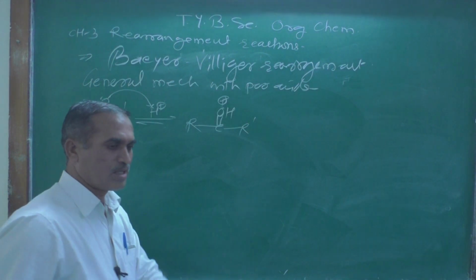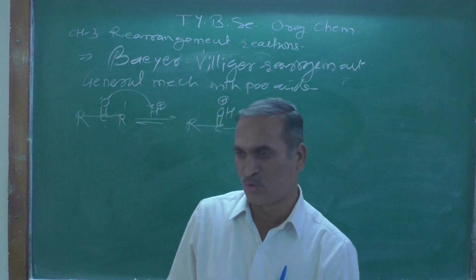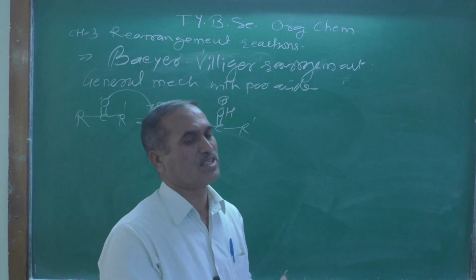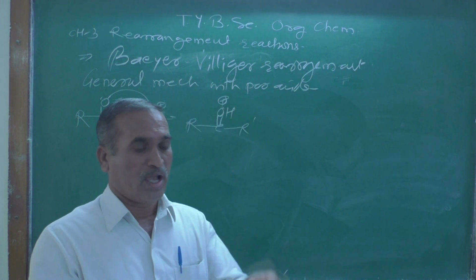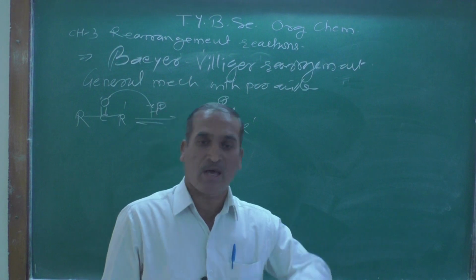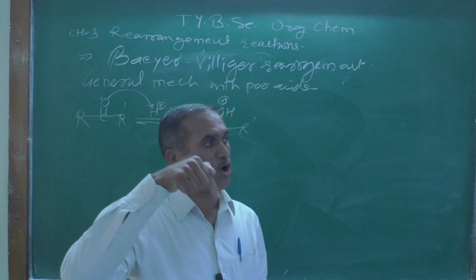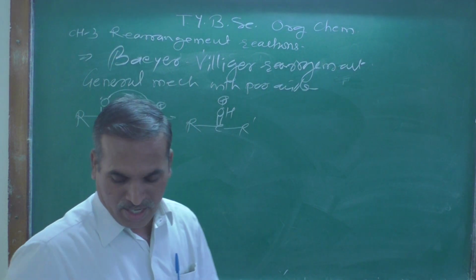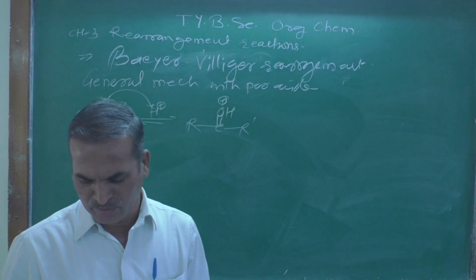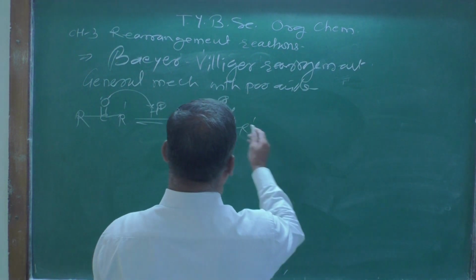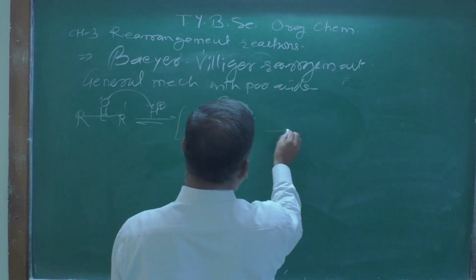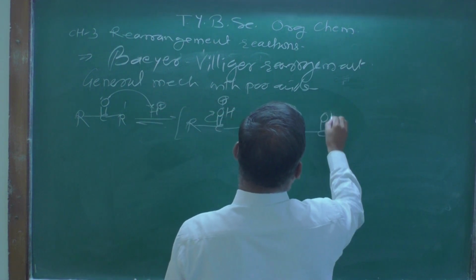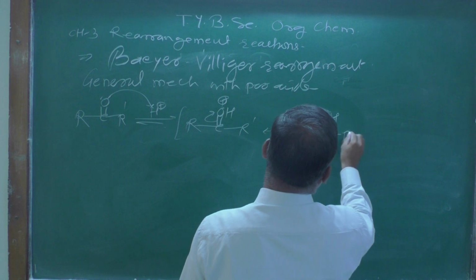When a catalytic amount of acid is used over here, the carbonyl oxygen atom gets protonated, and in this case the carbonyl carbon is more electron deficient in nature, and therefore the nucleophile can attack there. You can also write this way, R C OH positive charge over there, and R dash.